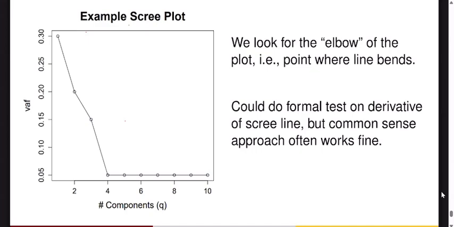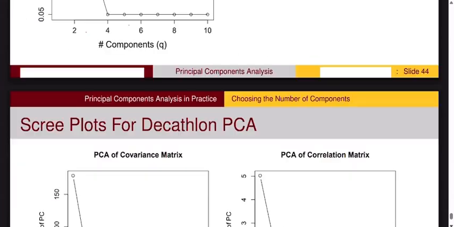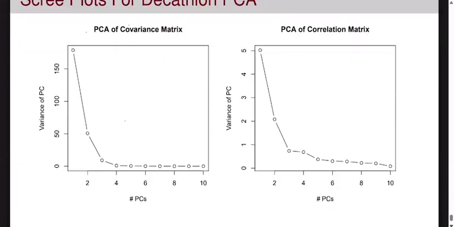Now I needed you to pay attention to this one. This is a scree plot generated for when we use the covariance structure as input, and when we use the correlation matrix as input. Pay attention in the covariance matrix. Principal component one explains 180.